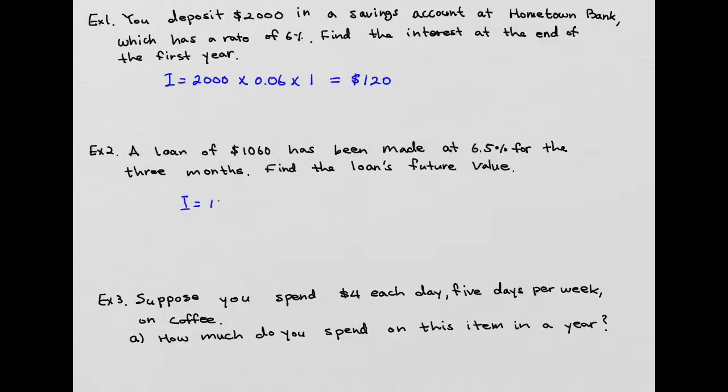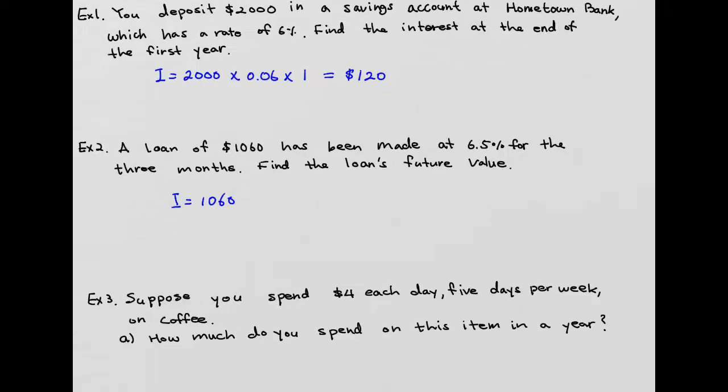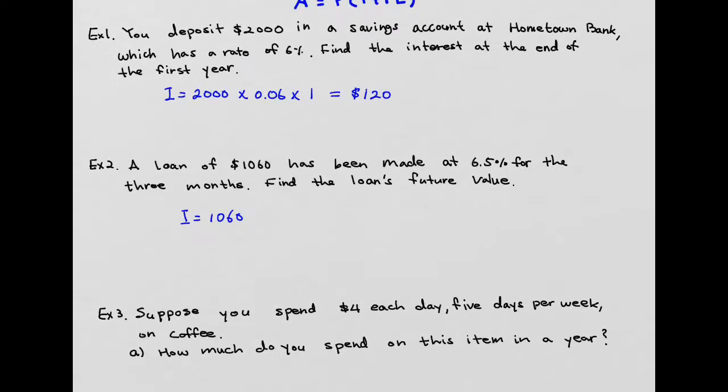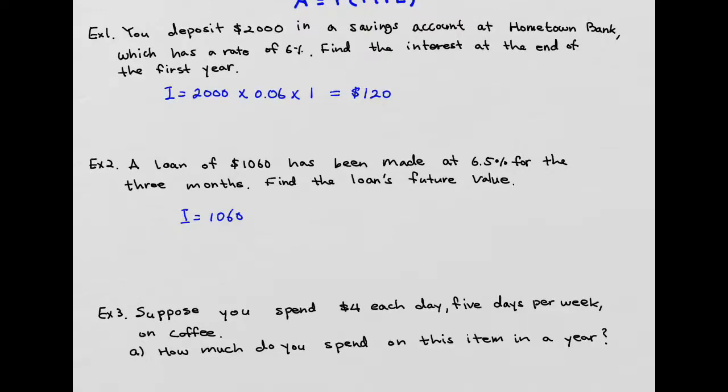Principal is going to be 1060, and then your rate is going to be 6.5%, which in decimal form is 0.065.